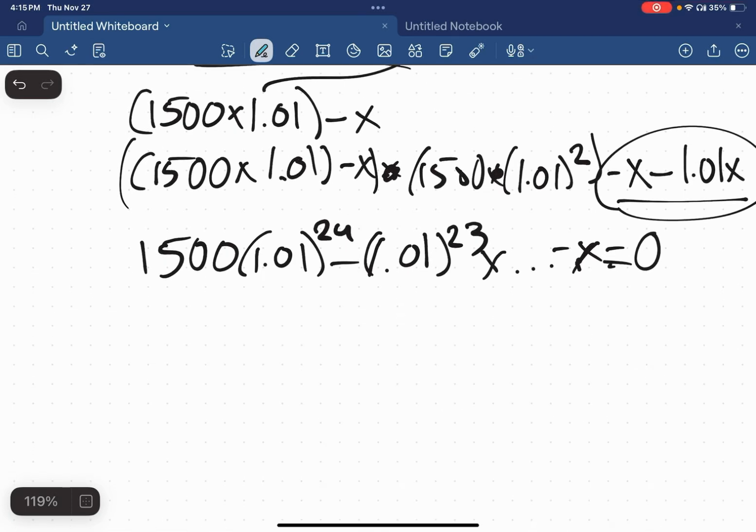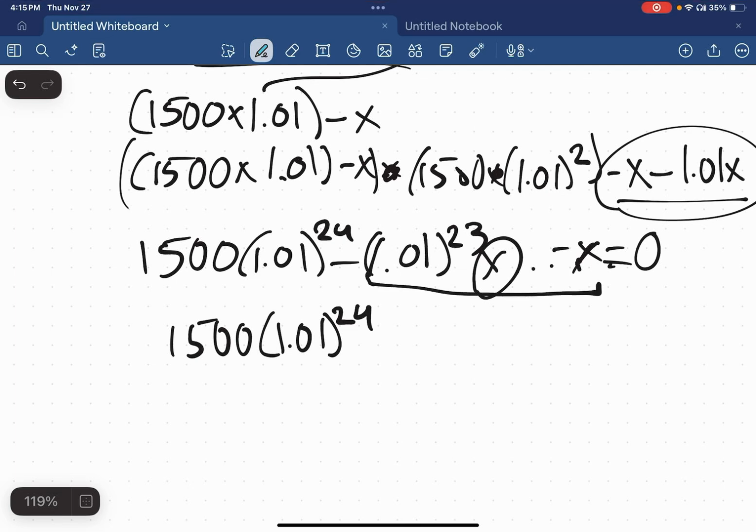It's going to be a bit hard to see at first, but what we can do is actually take out an x from each of these terms. So bringing this over here, we keep our original amount he owes. We take out an x from everything in here. This is basically a geometric sequence. So we minus it by x.